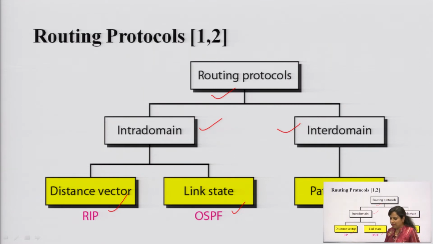Intra-domain is the routing protocol followed inside a network; it will not connect 2 independent networks. In case of inter-domain, it is based on the path vector, and that is denoted by BGP.